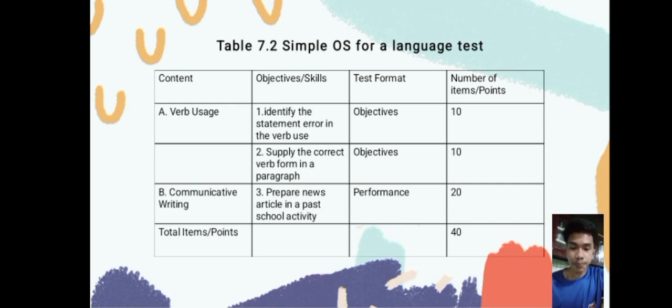Outcome number 2, supplying the correct verb form in a paragraph, is also objective, at 10 items. The third outcome has 20 points because it is performance based, so it needs time and a lot of preparation, for a total of 40 points.